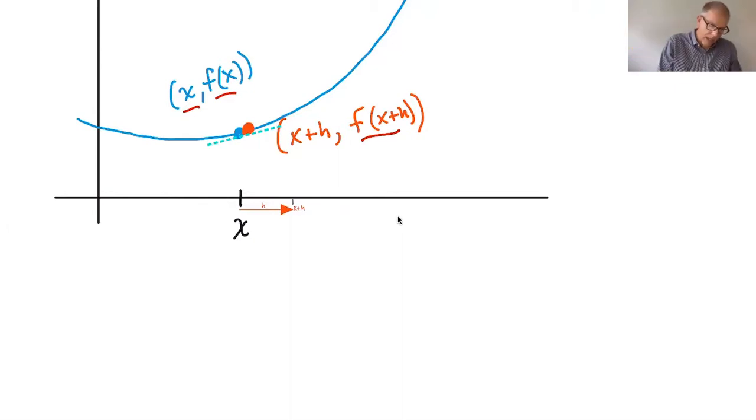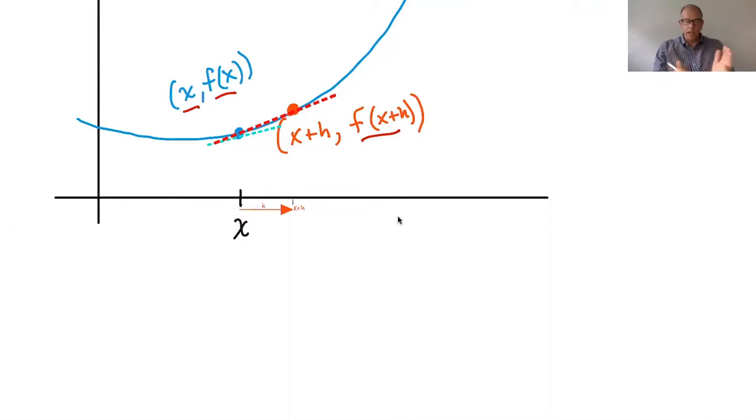So maybe to accurately indicate that in my picture, I could take my point here, put it like there. And you can see it right there, that secant line is a much, much, much better approximation than the original one that was way off.